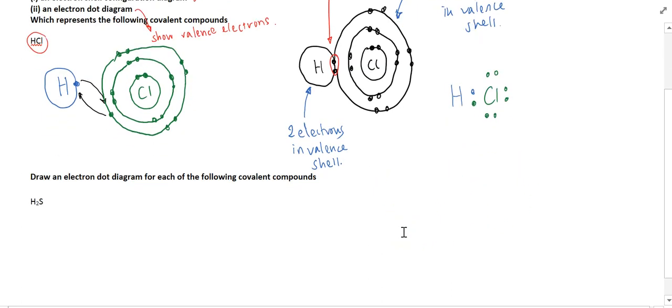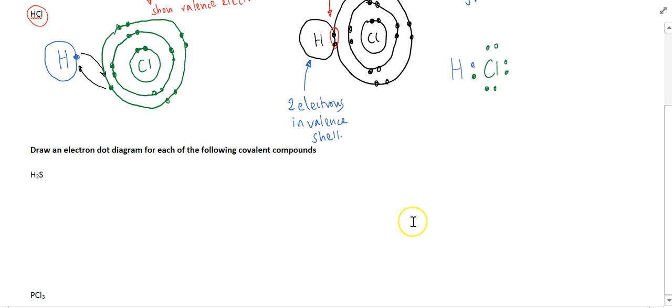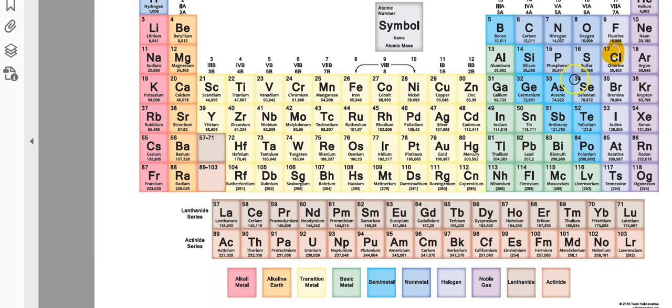Alright, so for the next 2 examples, we'll only need to draw electron dot diagrams for the compounds. Here we have two different elements, 3 atoms in total. There are 2 hydrogen atoms and 1 sulfur atom. Now sulfur, where do we find sulfur in the periodic table?